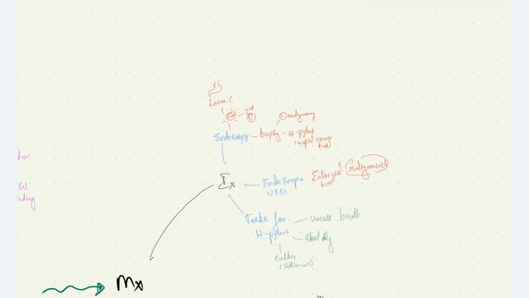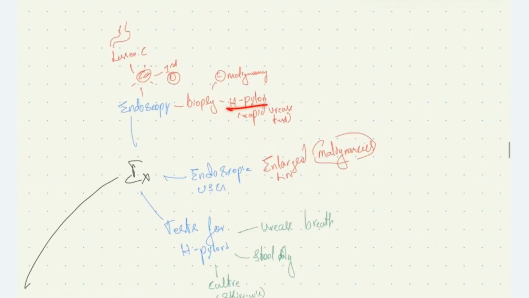We take a biopsy to rule out malignancy, and also we check for H. pylori infection by doing a rapid urease test. Please note, biopsy is compulsory if the patient has a gastric ulcer, because a gastric ulcer may most commonly be due to gastric carcinoma also. We should rule out malignancy in case of gastric ulcer.